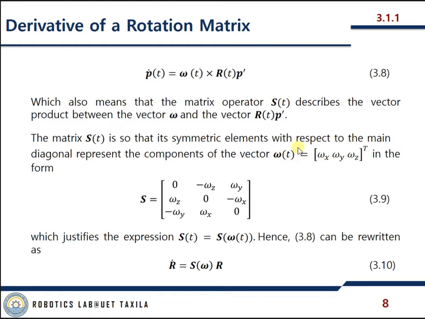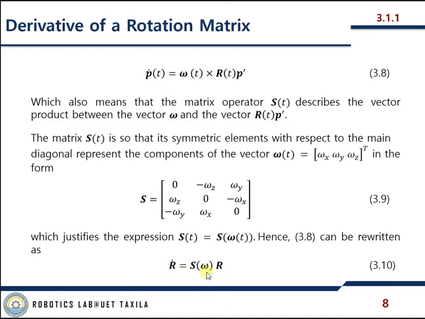So if we want to represent omega(t) as angular velocities along the x, y, and z axes, we can represent this vector as a skew symmetric matrix by writing it in a particular shape, which is here. Interestingly, this shape is skew symmetric, which justifies the expression S(t) equals S of omega(t). So 3.8 can be written as R dot equals S of omega times R.